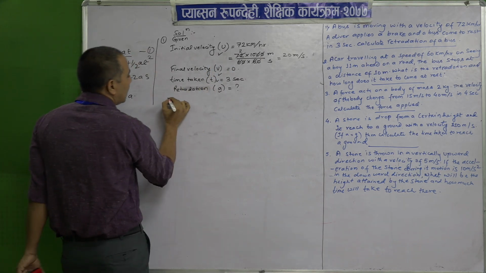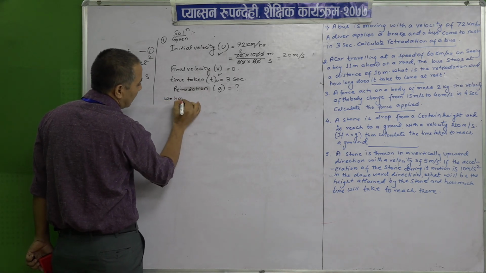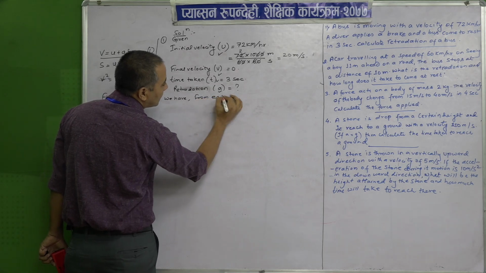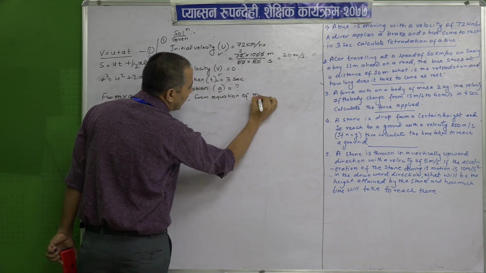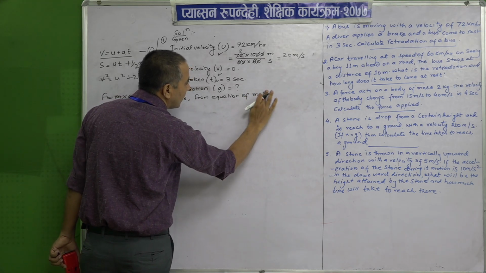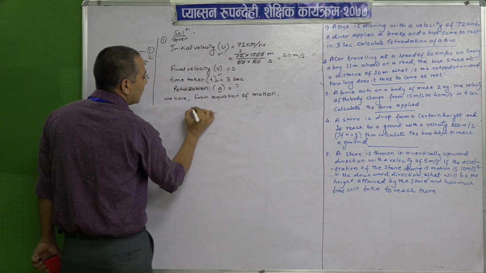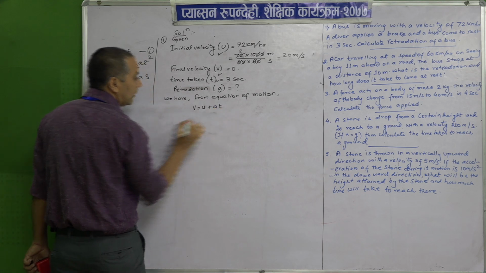So, from the equations of motion, v equals u plus at.